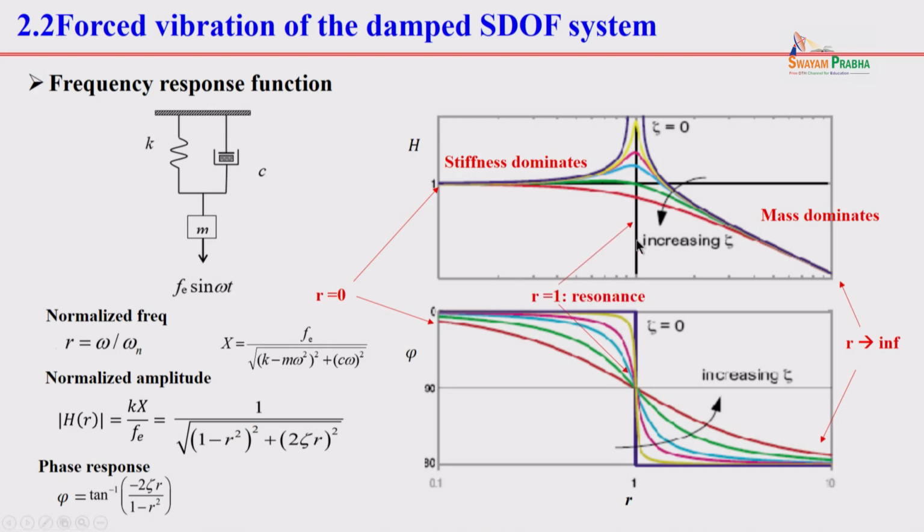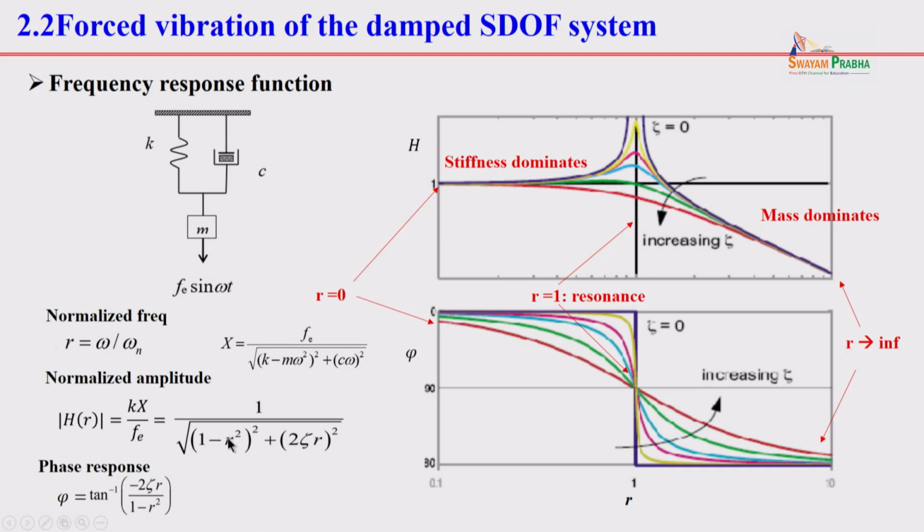Around the resonance, damping matters, right? In particular, R equals 1 means the excitation frequency is the same as the natural frequency. At this time, stiffness and mass cancel.